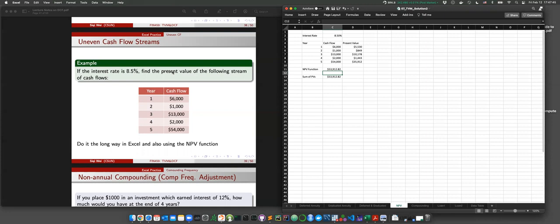So it's a difference between two numbers. But here in the Excel environment, the NPV is essentially just the summation of the discounted value of your uneven cash flows. Conceptually, it has nothing to do with the initial outlay. In the future, if you are working with other problems, this is something you want to be aware of.